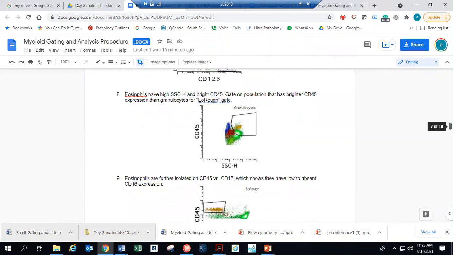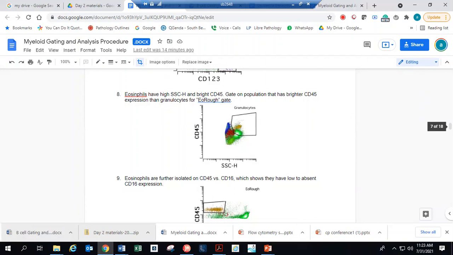So they are showing over here the eosinophilic rough gate. Till now, we have been talking about the granulocytes, blasts, lymphocytes, monocytes that will lie somewhere here. But those that have the highest side scatter, like eosinophils, are brighter than the granulocytes for CD45.